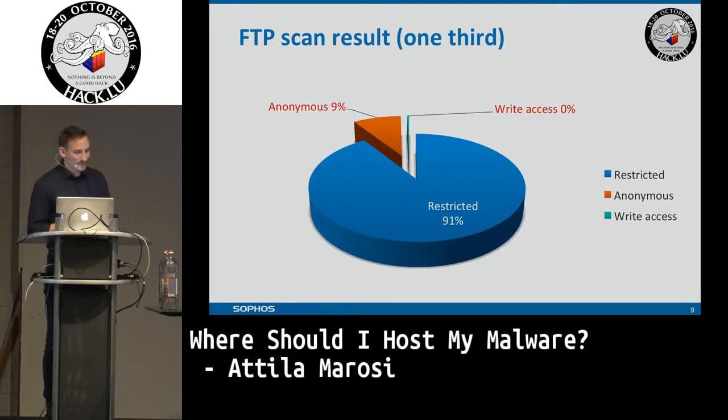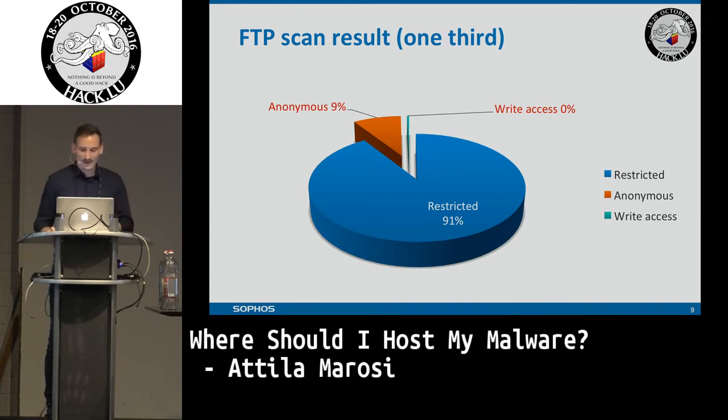So the result was that 91% was restricted, which is very good. 9% was where you were able to log in with anonymous login credentials, and there was 0% where you have write access.